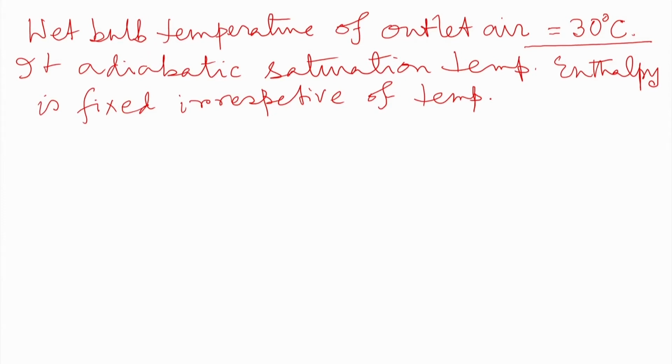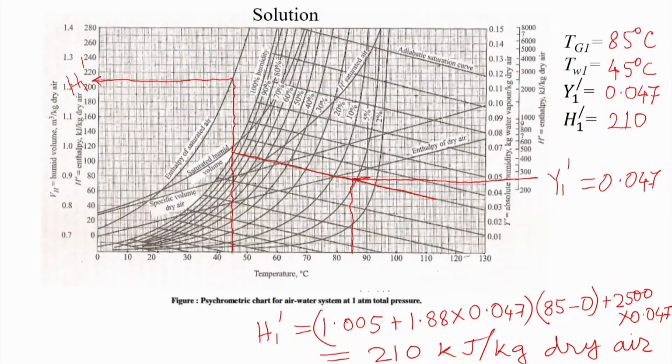Okay. Now we need to find again what this Y2 prime will be, so we go to the psychrometric chart. Now you see this is 30 degrees Celsius.